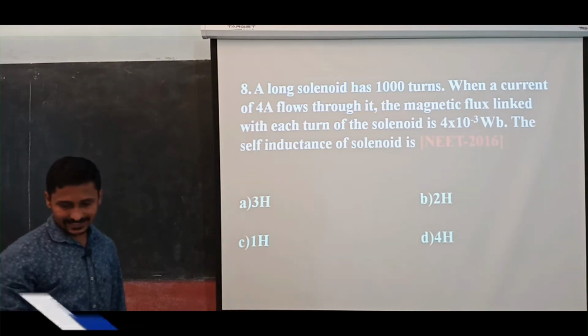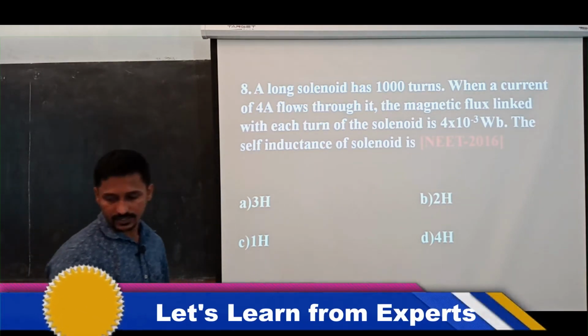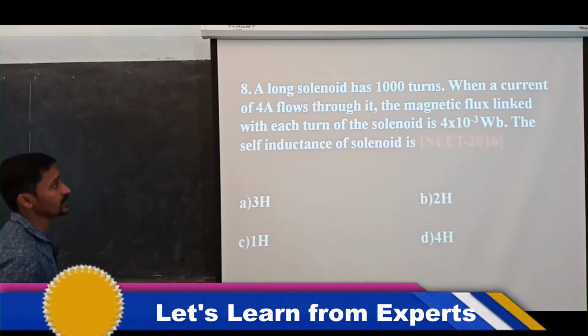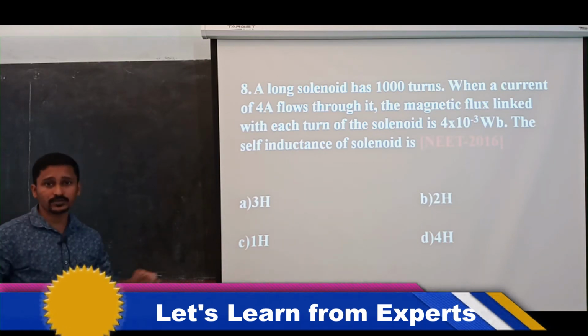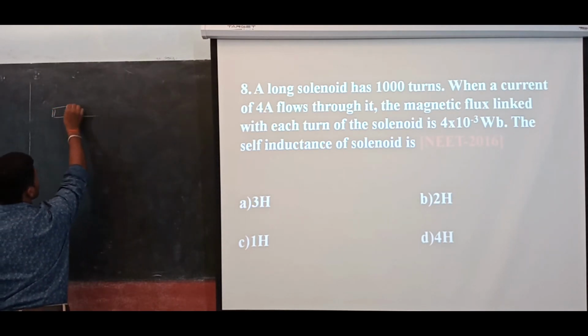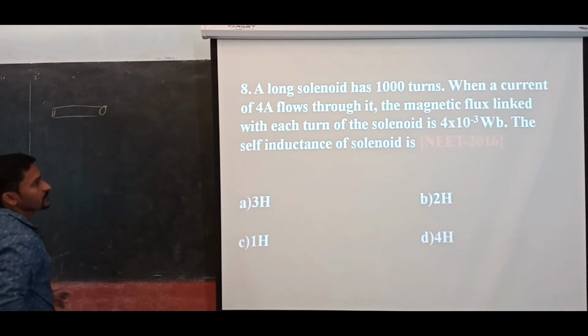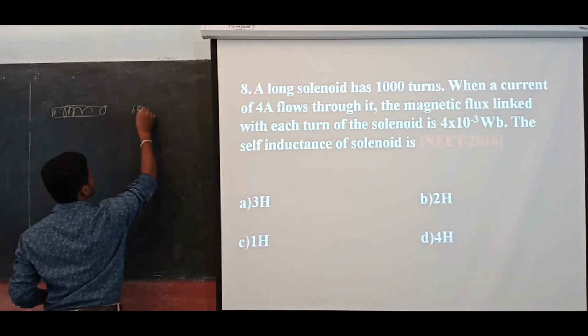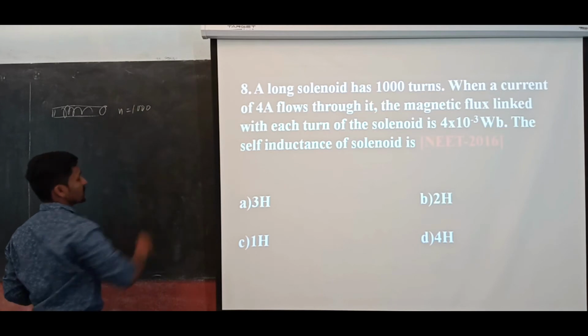What does the question say? A long solenoid has 1000 turns. This also appeared in the 2016 NEET examination. A solenoid is having 1000 turns, means n is equal to 1000.